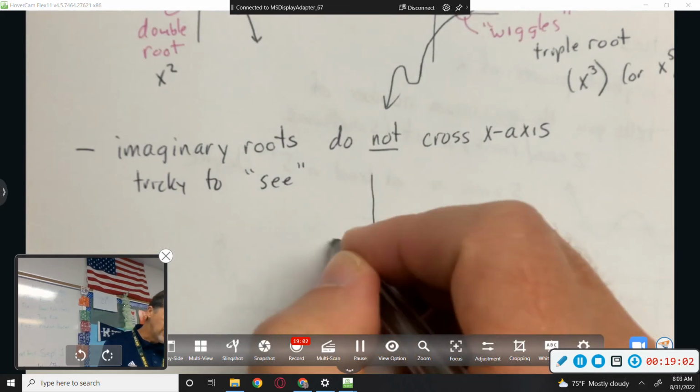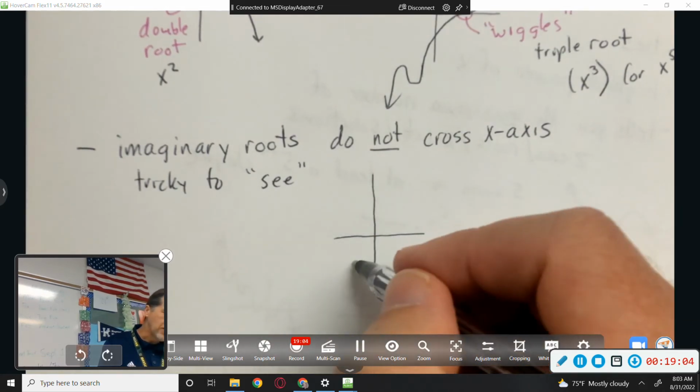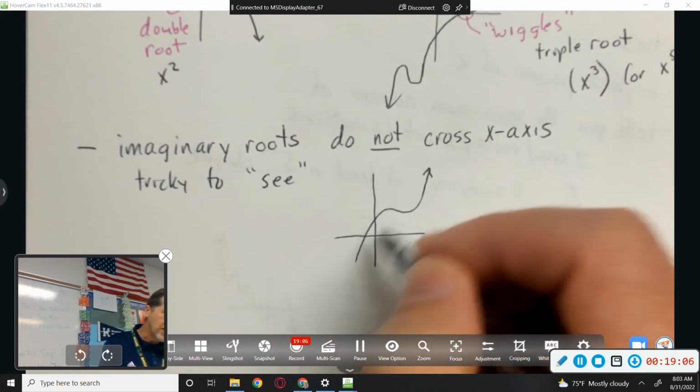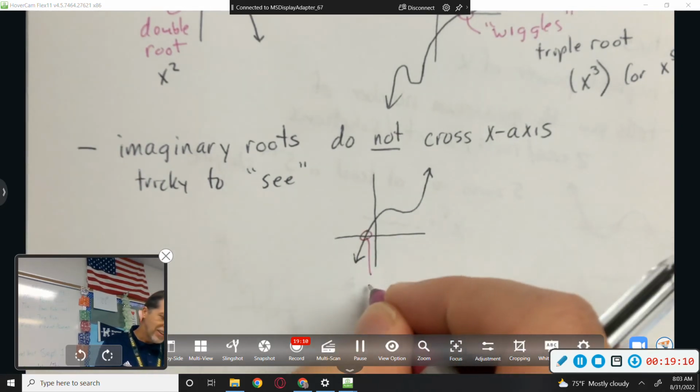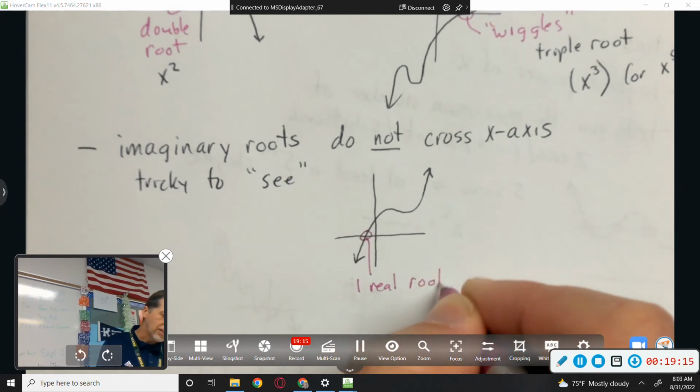Now, you can sort of learn to spot them. If there's something going on that doesn't cross the x-axis, so there's one real root that crosses the x-axis.